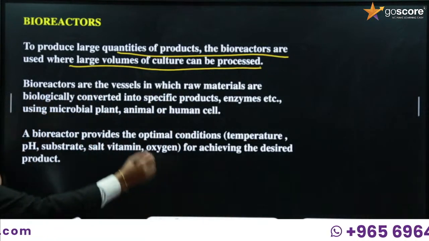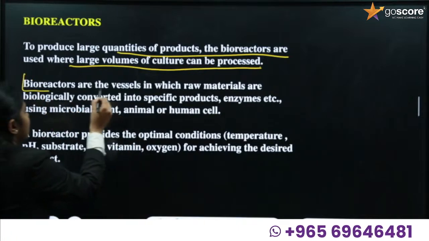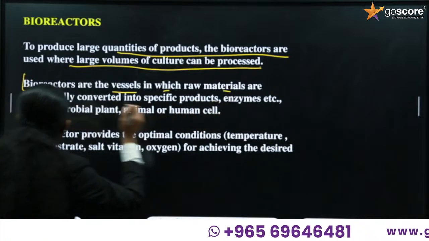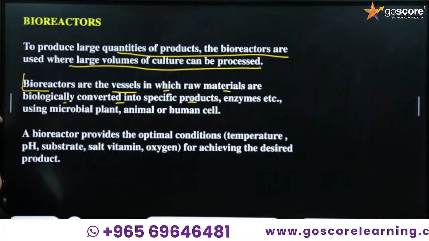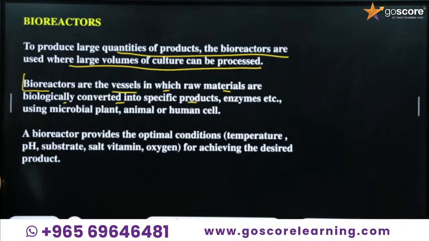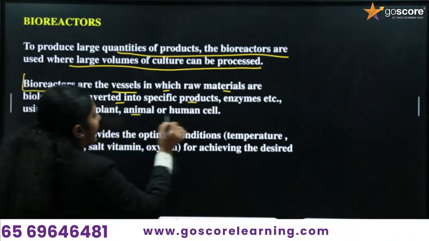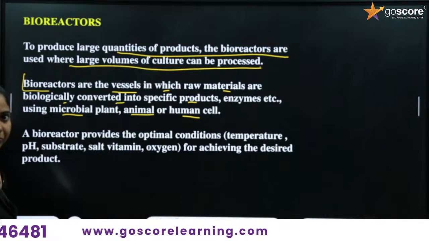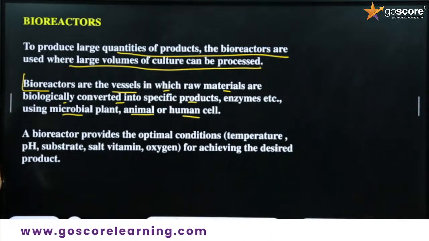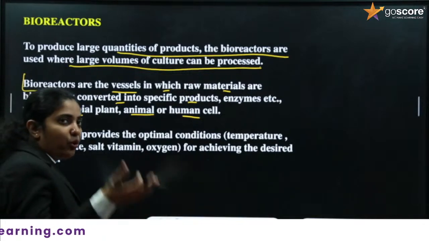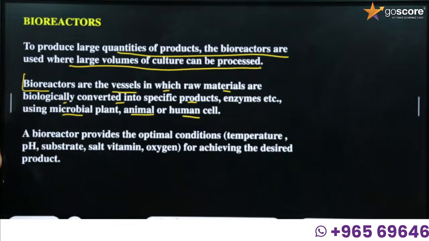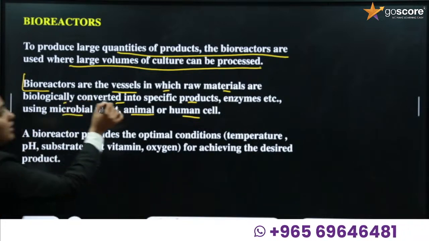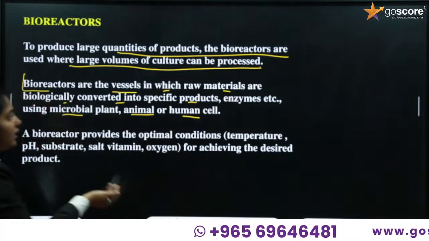What are bioreactors? They are the vessels in which raw materials are biologically converted into specific products, enzymes, etc., using microbial, plant, animal, or human cells. Raw materials are used, and they are biologically converted into products.